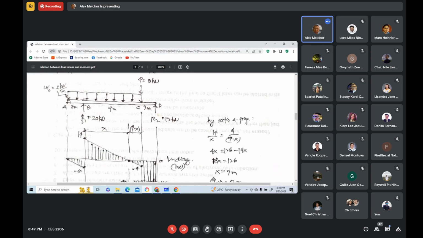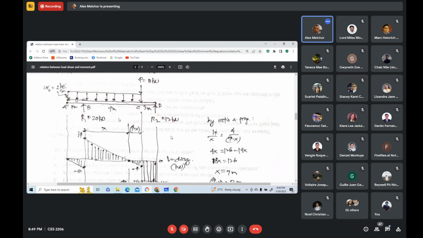So we solve first for the reactions. Use the static equations, summing up moments about D equals 0. You can solve for this. And summing up forces vertical equals 0, you can solve for the other reaction. And if you want to verify the magnitude of this, you can sum up moments about B equal to 0.